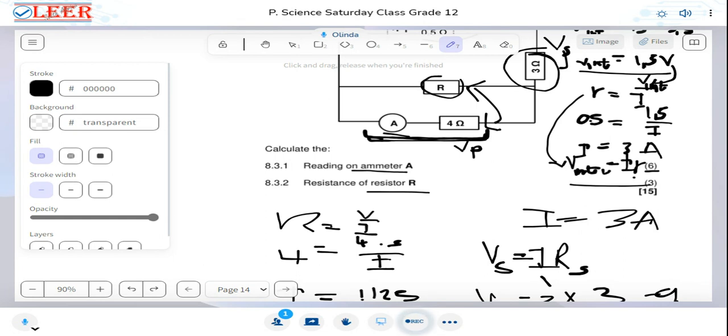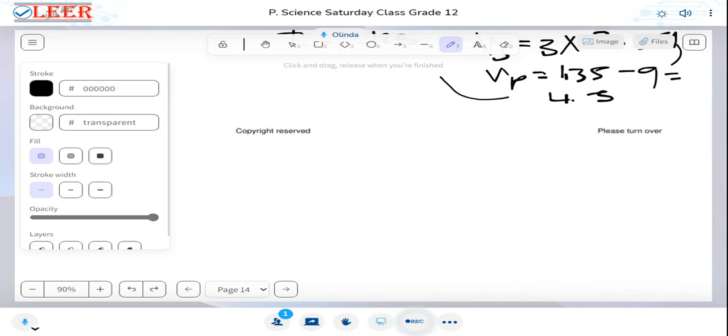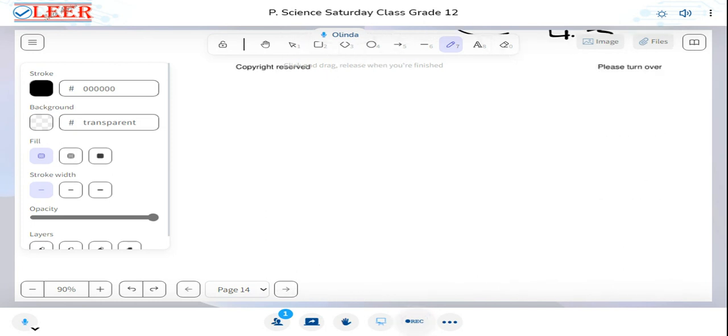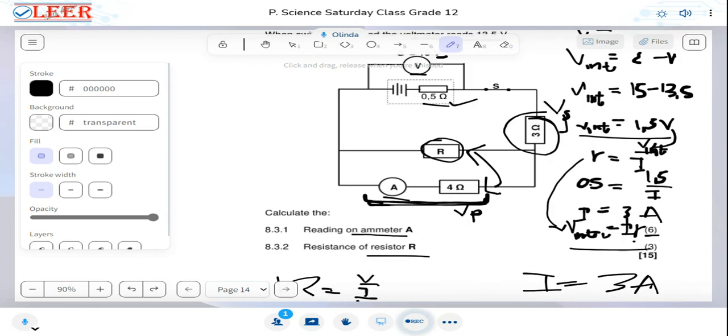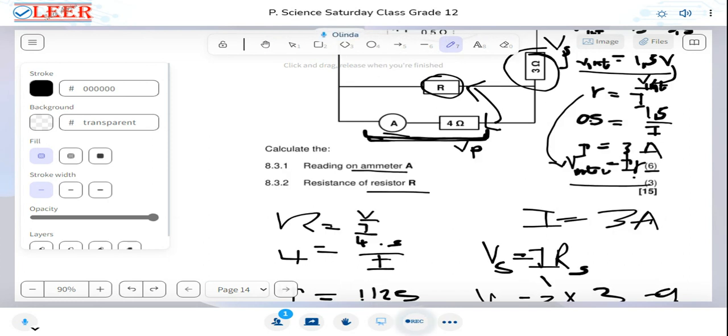Okay. So now we're looking for this. How can we calculate that? We can say I is equal to 3 minus 1.125, because 3 is the total. We calculated the total, but then we had to calculate the ammeter reading when the voltage is parallel.